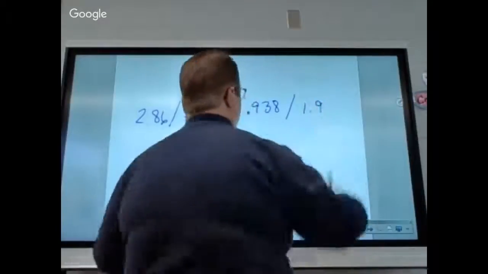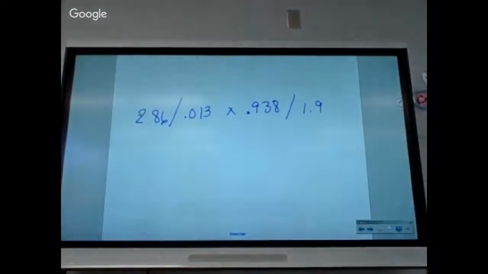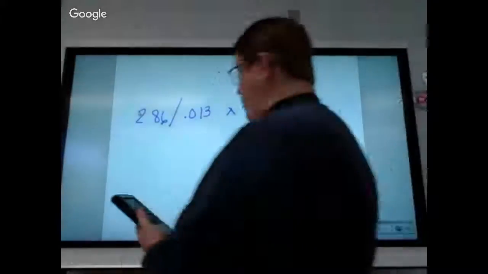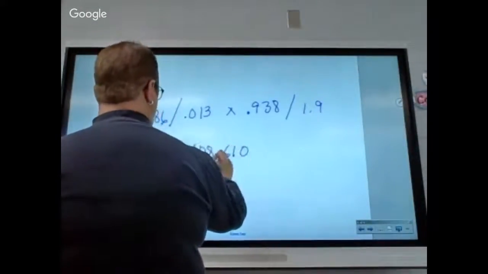And again, this all has multiply and divide. So nothing odd. So we get 108.610, and I didn't write everything down.